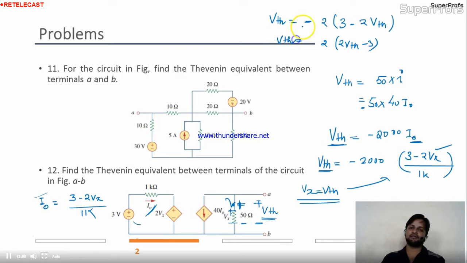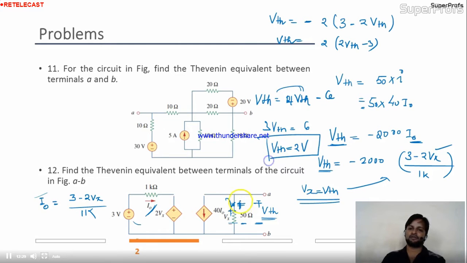This is nothing but VTH. Now your VTH equals 4 VTH minus 6. So 3 VTH, this VTH will come to this side and the 6 will go to that side, and VTH is nothing but 2 volt. So for this circuit the VTH is 2 volt. Is it okay for you?